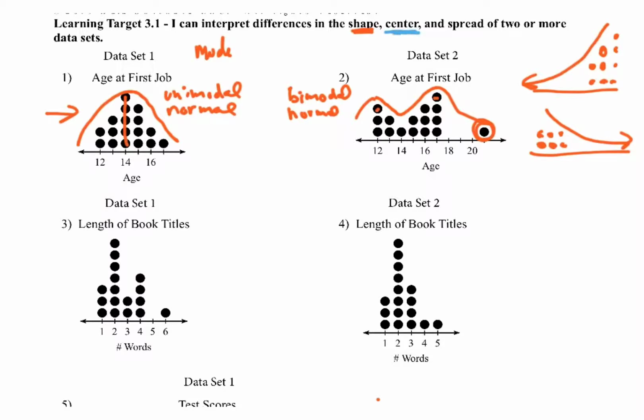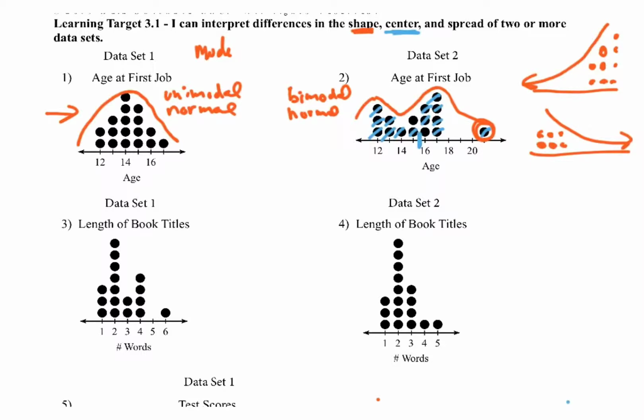Now the center, we're looking at the mean and the median. In this we're just interpreting, seeing what's different or the same between the two. So we don't really have to calculate it, though we could in these cases. If we were to calculate the median, we would eliminate a high and a low, and we'd find it in between.